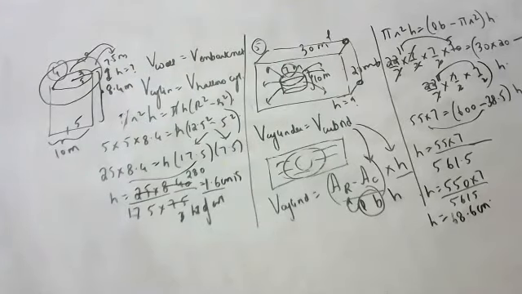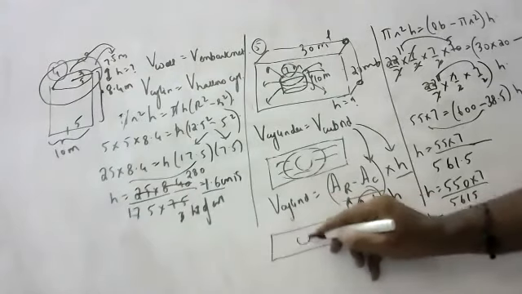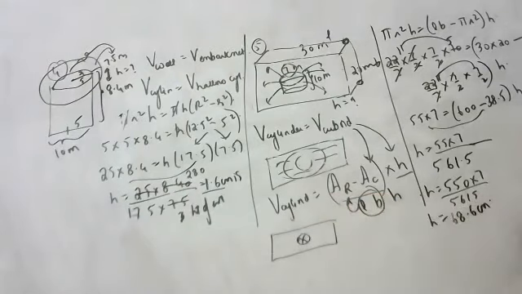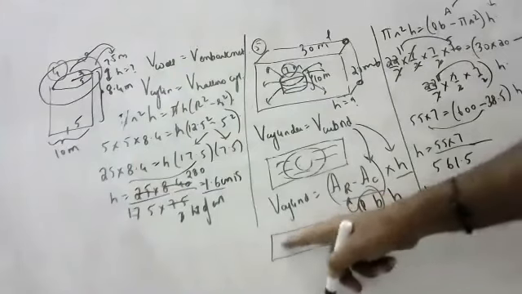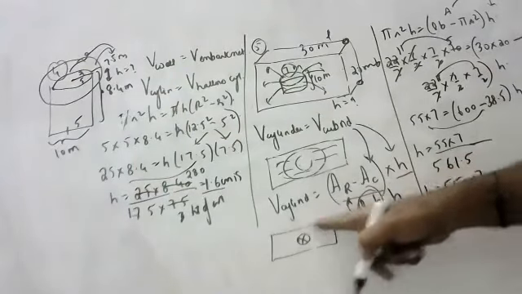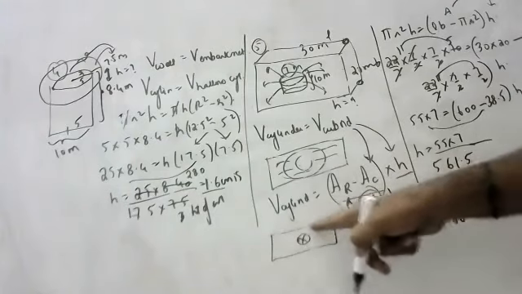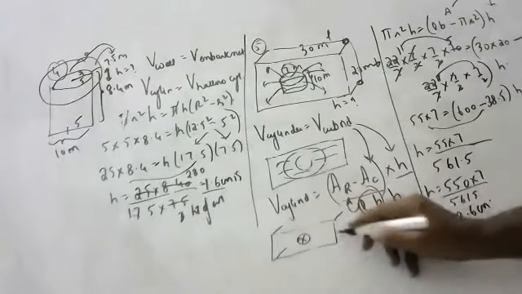Those who did not understand, again I am saying, this is a rectangle, here a well is there, remove this area, then you will get the remaining part area. Remaining part area into height gives the volume of the remaining portion. Volume of the remaining portion is area of rectangle minus area of circle, area of the remaining portion into this height.